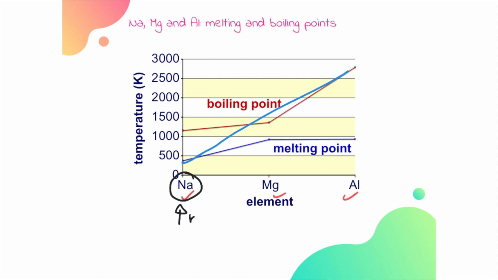It's a member of group 1, so we'd expect just 1 valence electron. Magnesium has a smaller radius than sodium, and aluminum has the smallest radius. The opposite applies to the number of valence electrons. Sodium has 1, magnesium has 2, aluminum has 3 valence electrons.